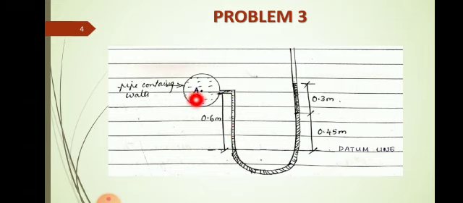So it is given that in the left limb the mercury level is 0.6 meter below the center of the pipeline. So up till here water is present, and from here mercury starts.